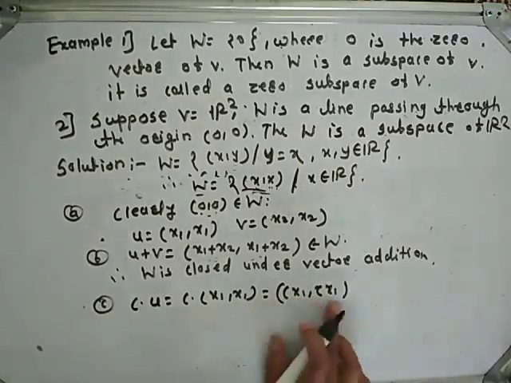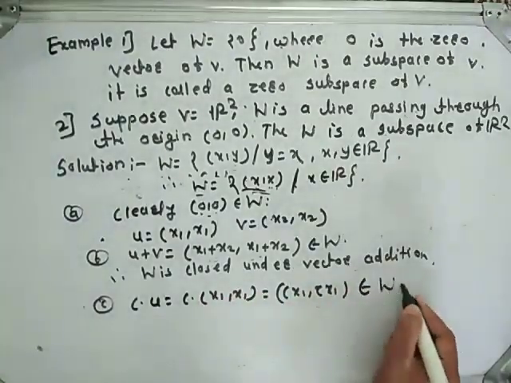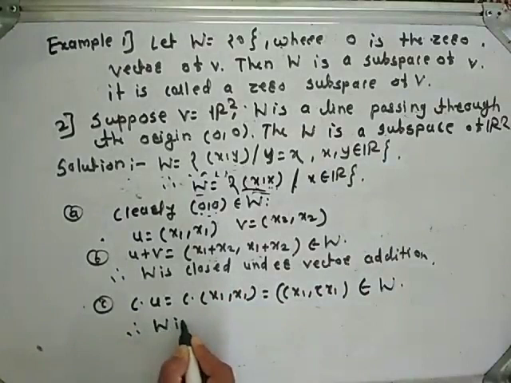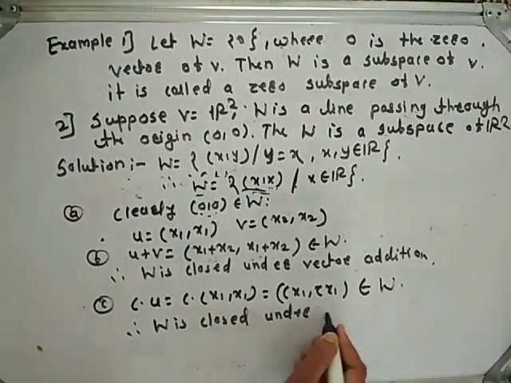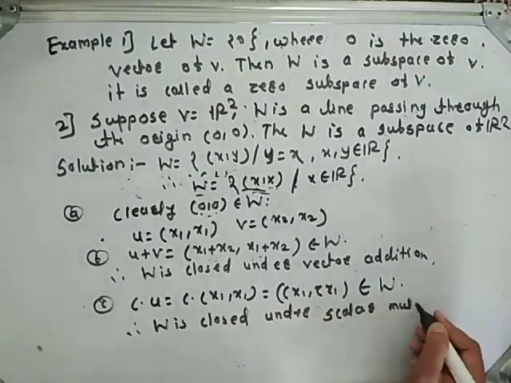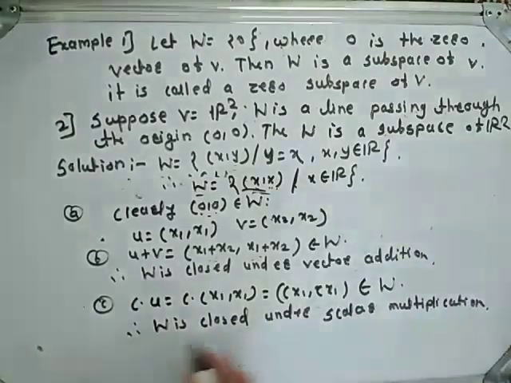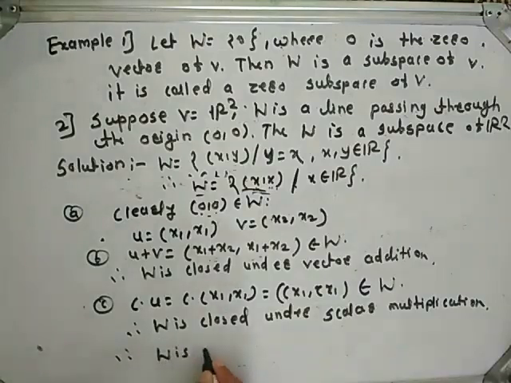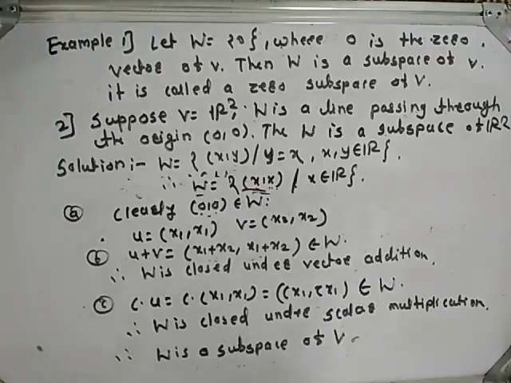Again here the x and y coordinates are the same, that's why c times u belongs to W. Therefore W is closed under scalar multiplication. Therefore W is a subspace of V.